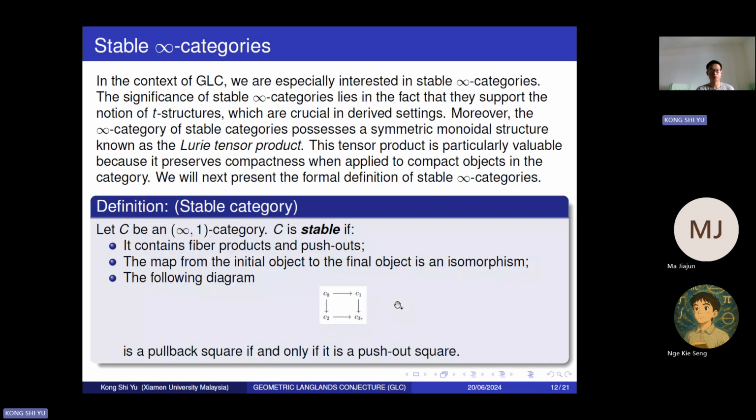Moreover, not only do we look at the usual infinity categories, we also look at stable infinity categories.